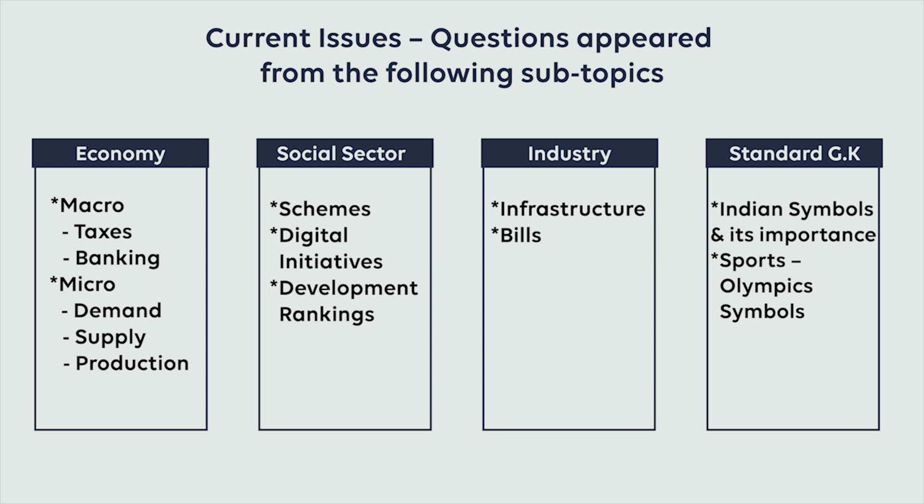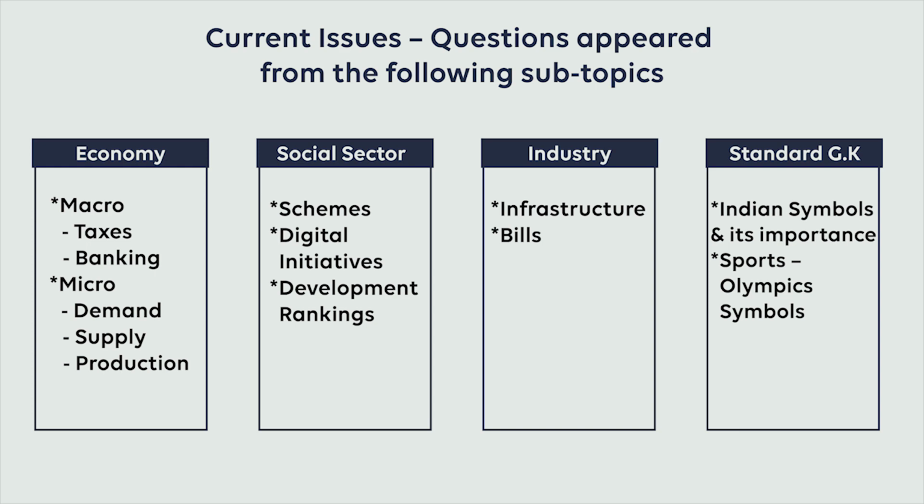So economy, what were the questions that were asked? There were questions from microeconomics as well as macroeconomics. Students have a tendency to focus only on macroeconomic concepts, but UPSC is also testing students on microeconomic concepts. So these are the areas which you need to focus on.